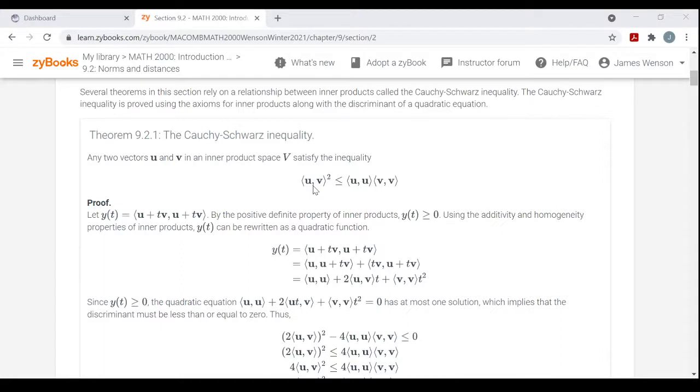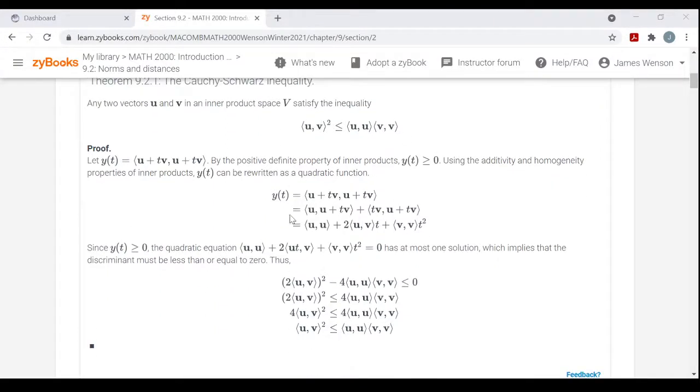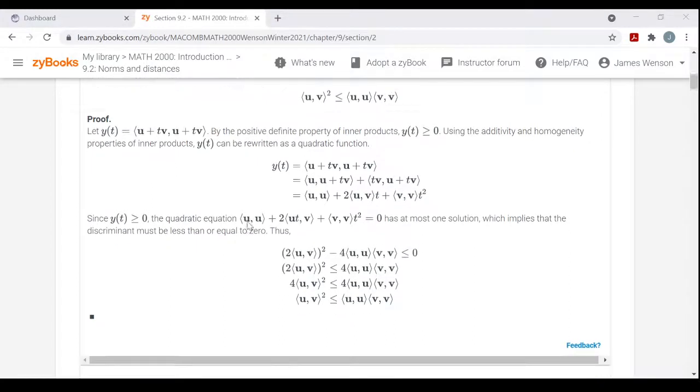You had the symmetric property, additivity in the first slot, homogeneity in the first slot, and that positive definiteness. If all four of those are satisfied, then this inequality will hold. So again, I'll let you read the proof and see if hopefully you can make some sense out of it.